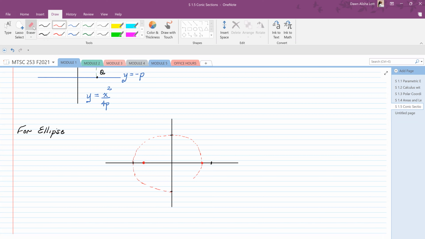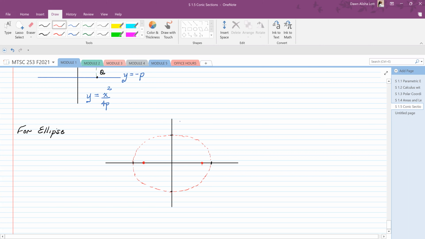Oh, that's why that looks crazy. It's not supposed to go through there. It's supposed to go to the other point. Much better. Okay, it wasn't looking like an ellipse to me. Okay, so now there's my ellipse.